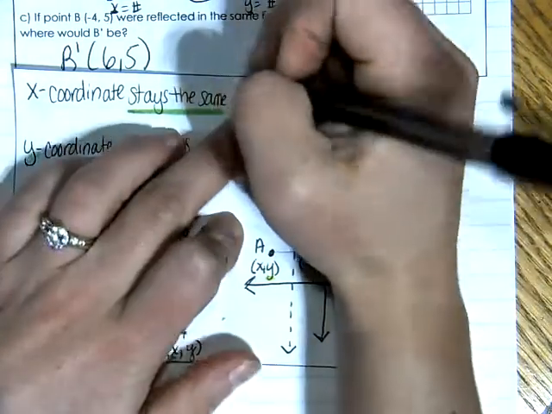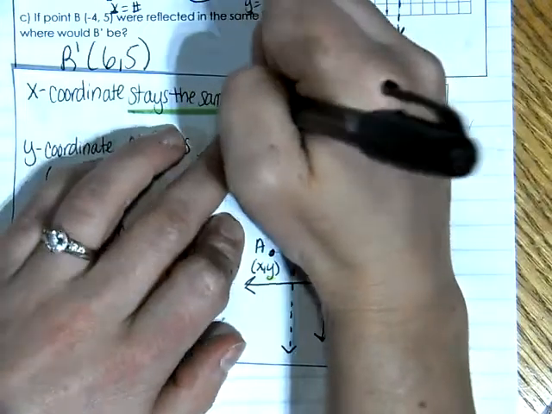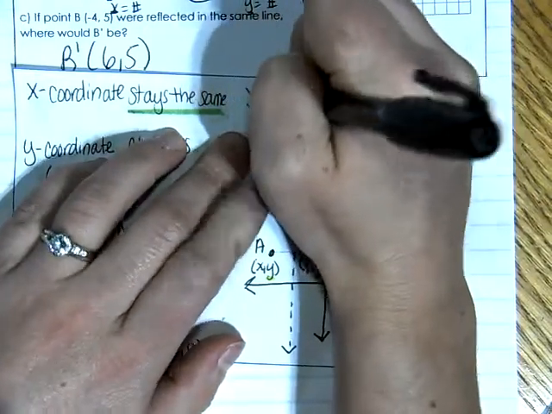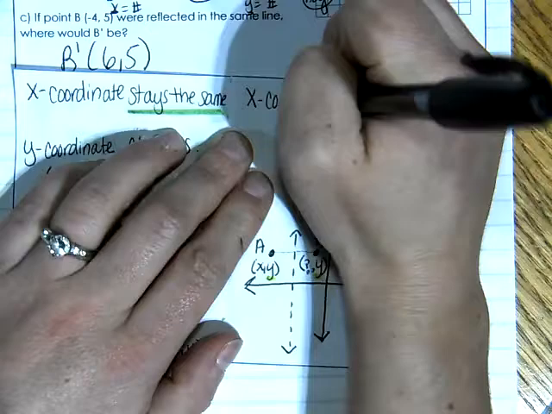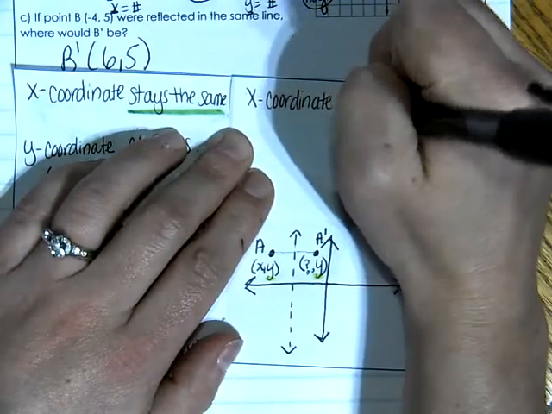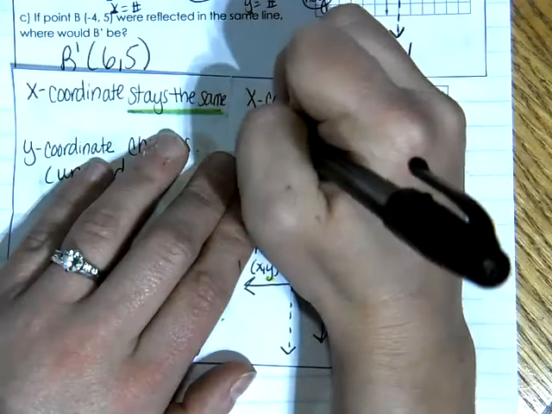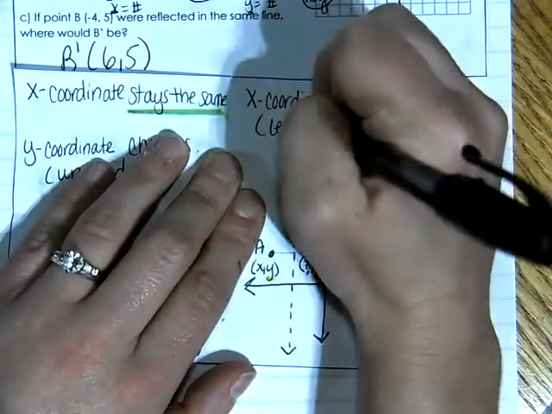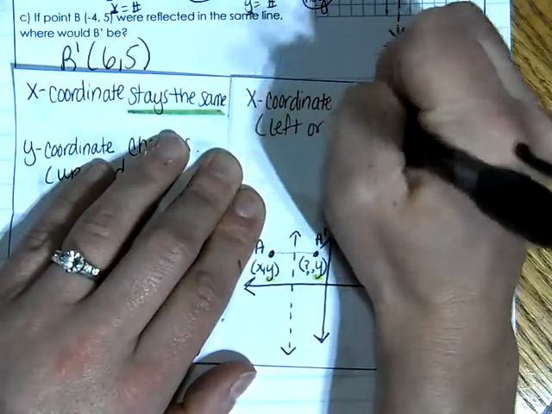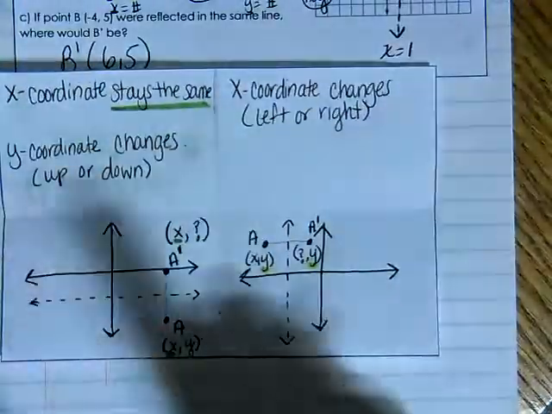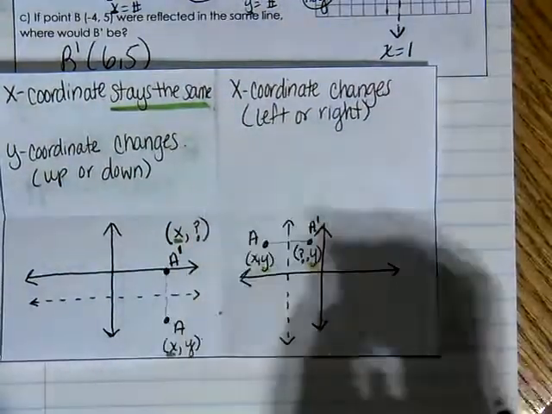So I want you guys to note that this time the x coordinate changes. And that's because there was a shift to the left or to the right, depending on what was going on. There was a reflection to the left or right.